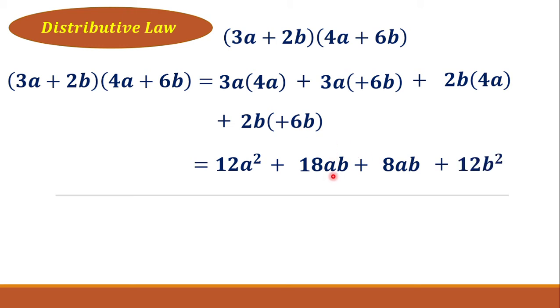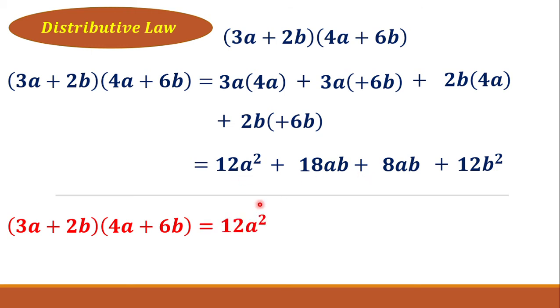So nakita nyo, ito lang dalawa ang magkamukha. Yan ang pag-aadd natin ng literal coefficient niya, di ba parehas? So we have 12A squared plus 26AB and then plus 12B squared.